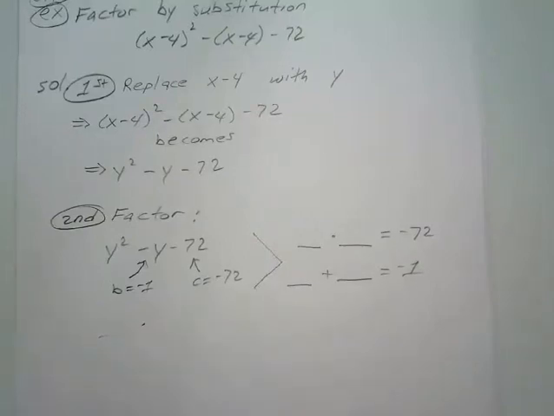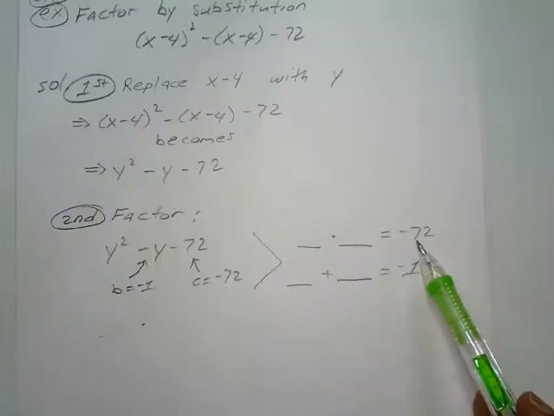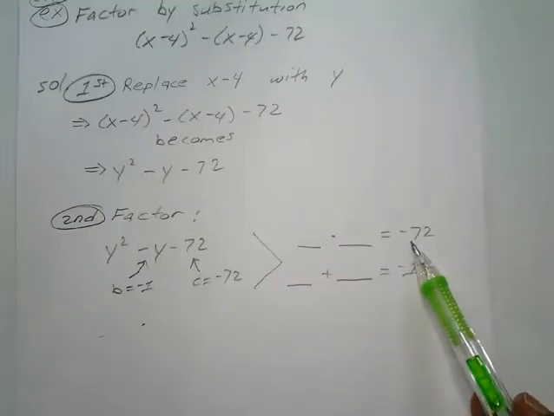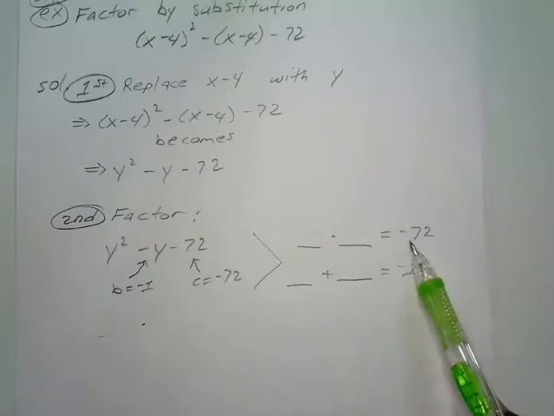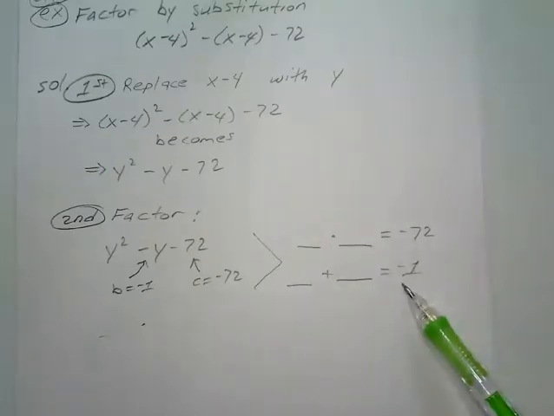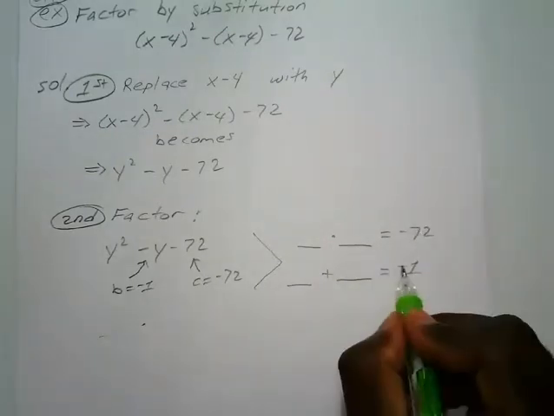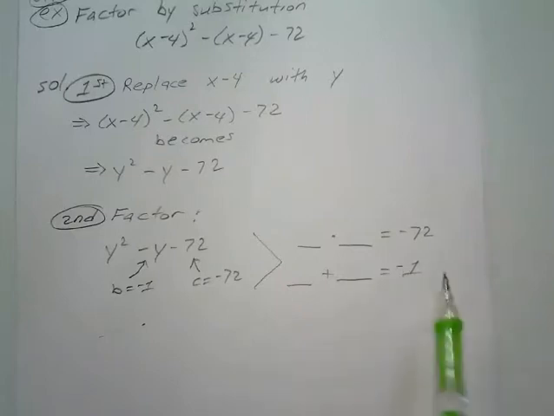Okay. Now here we see that our multiplication is negative. So that means one of these would have to be negative, because positive times negative is negative. Okay, and we can see here, because this is a negative 1, that the larger number will be negative.